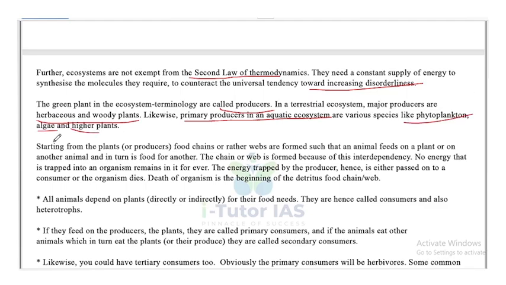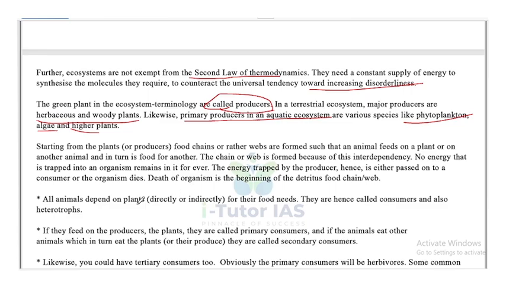So, who are producers? These are the green plants. In a terrestrial ecosystem, major producers are herbaceous and woody plants, and in an aquatic ecosystem, the primary producers are phytoplankton, algae and higher plants.